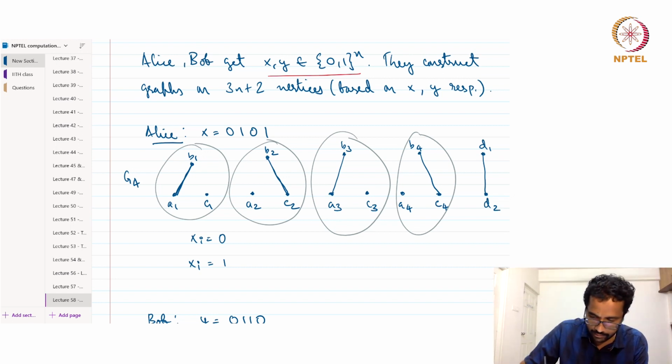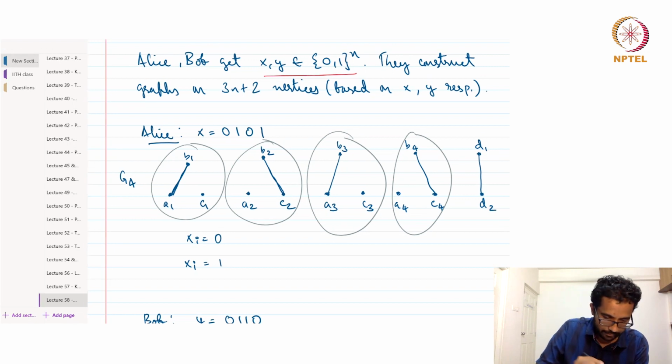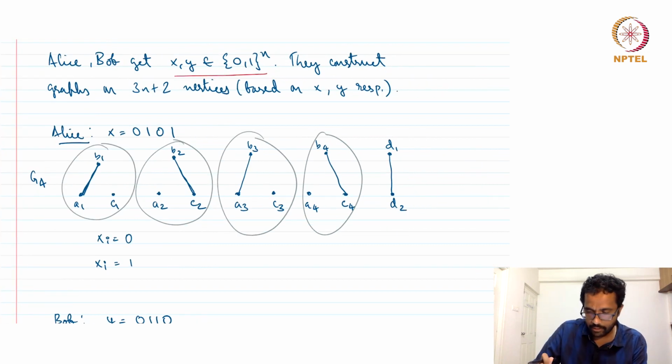So that corresponds to 3n, and then there are 2 vertices called d1 and d2. Okay, so this is the 3n plus 2 vertices.